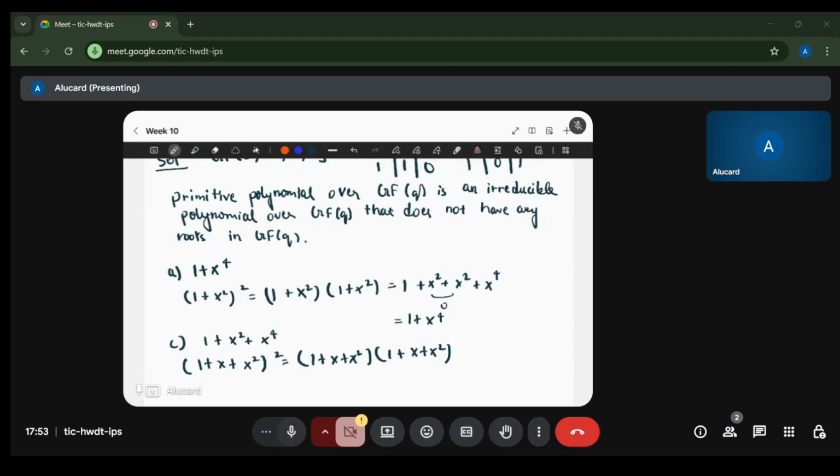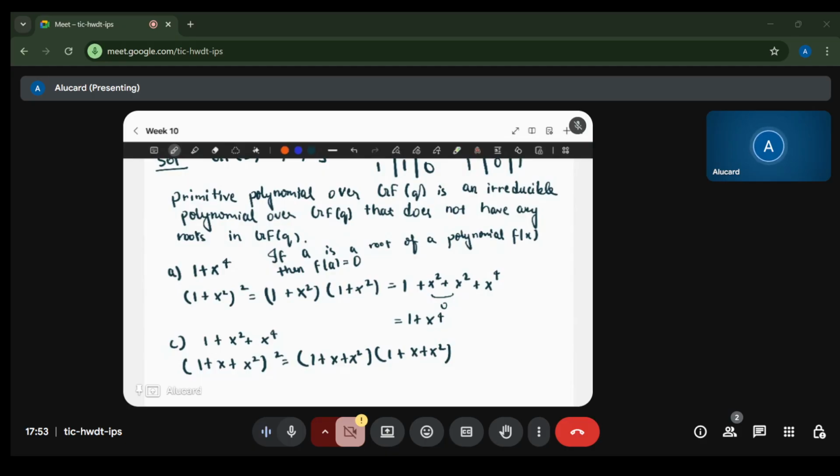If a is a root of a polynomial f of x, then f of a must be equal to 0 and vice versa.